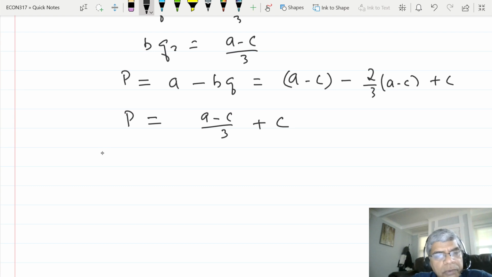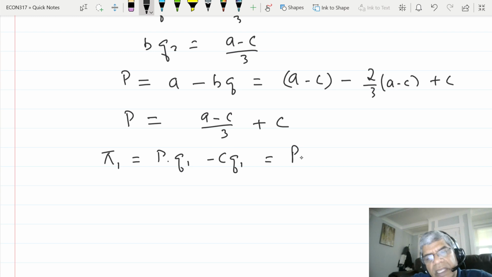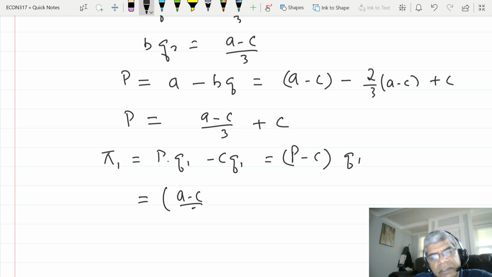Now we could compute the profit for firm 1 as P times Q1 minus C times Q1, which I could write as (P minus C) times Q1. This gives me (A minus C) over 3 plus C minus C, times Q1, which is (A minus C) over 3B.